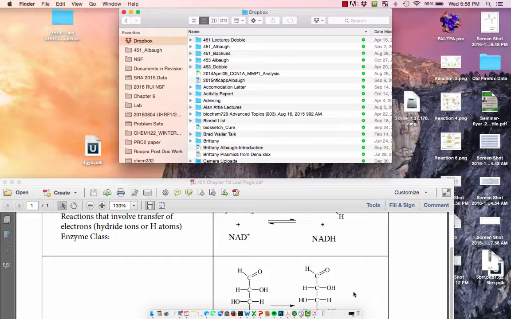It makes this product called dihydroxyacetone phosphate. I'll write that out. Also known as DHAP for short, because it's such a long word. So this is the upper half of the molecule. This is a ketose. And then the second part of fructose 1,6-bisphosphate becomes converted to this molecule, which is called glyceraldehyde 3-phosphate.